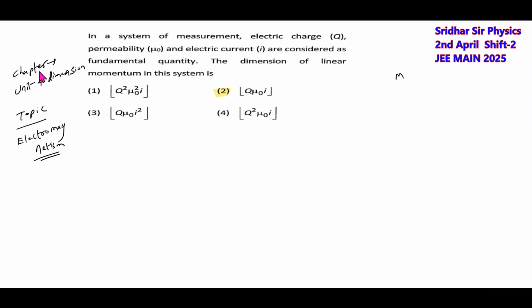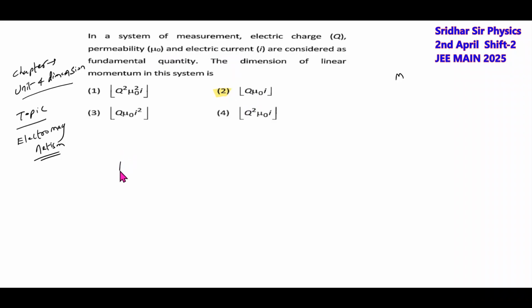The next question. The chapter is units and dimensions, and the topic is electromagnetism. It's asking about some dimensional analysis. The question: in a system of measurement, electric charge Q, permeability mu naught, and electric current I are considered as fundamental quantities. The dimensions of linear momentum in this system are? So we have to express the linear momentum in terms of charge, permeability, and electric current.